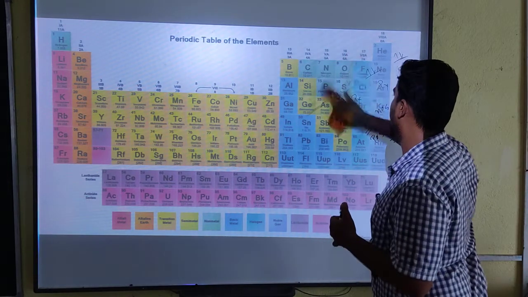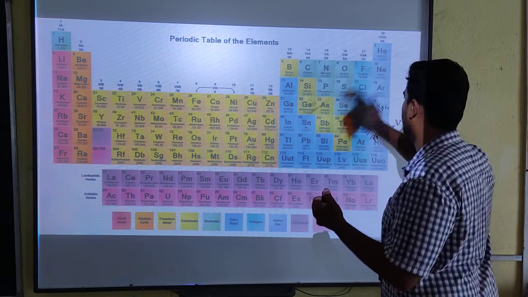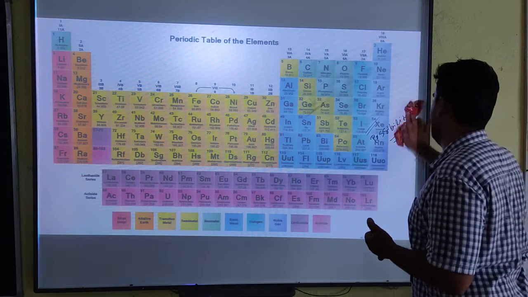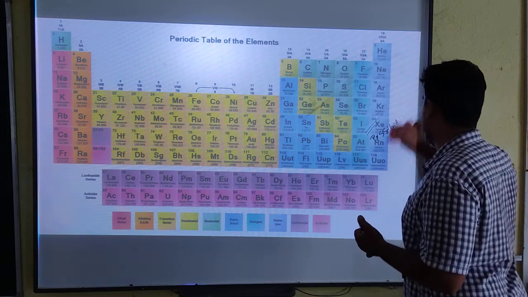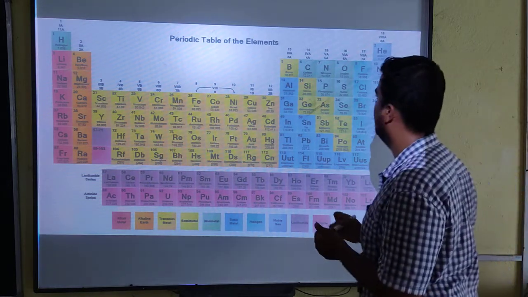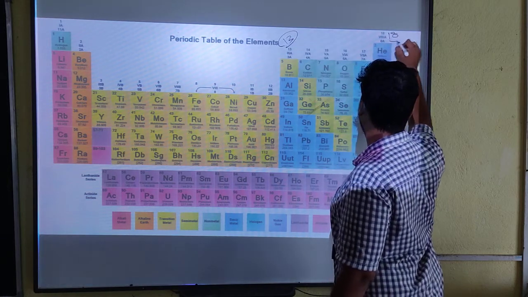Because the p orbital can have a maximum of 6 electrons, the total number of groups possible for p block is 6. That is from group number 13 to group number 18.